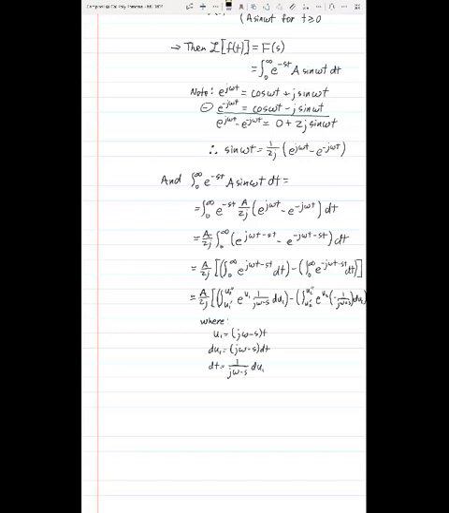And so then you can see that's where this is coming from right here for my dt. So that's what I ended up with for dt.